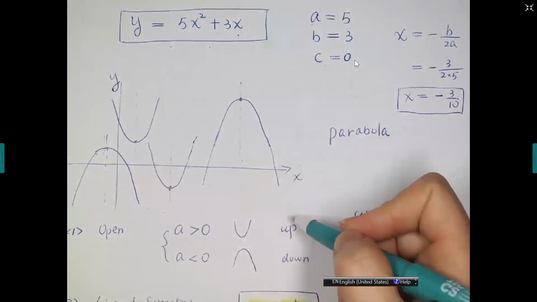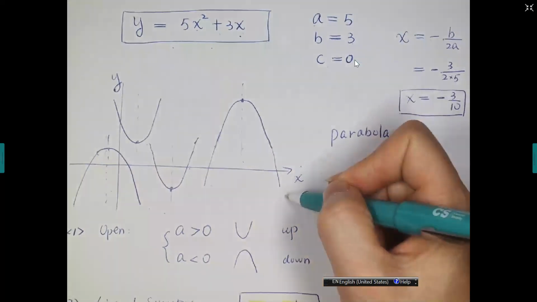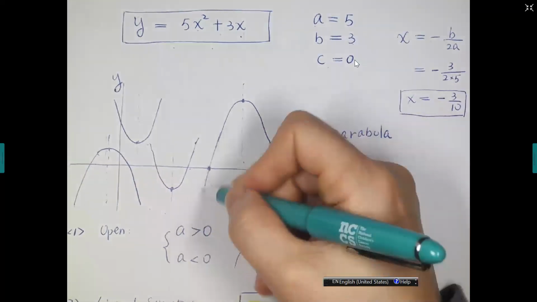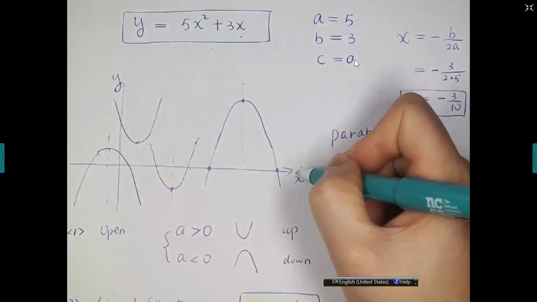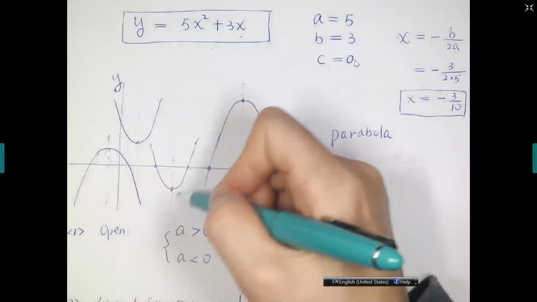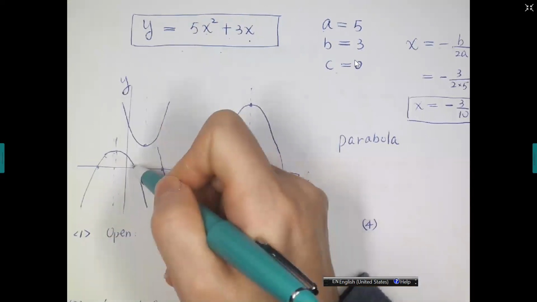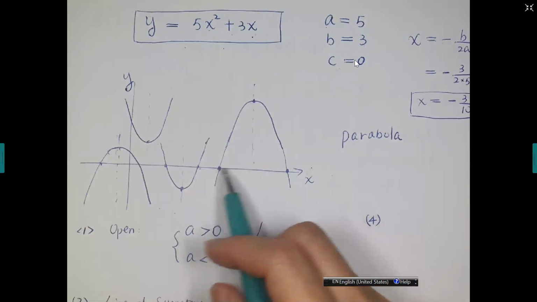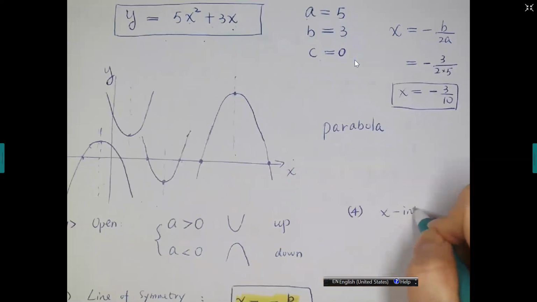So every parabola, when it crosses the x-axis, we'll see two points. Those two points are where this parabola crosses the x-axis. For this special point on the horizontal axis, they are called x-intercepts.